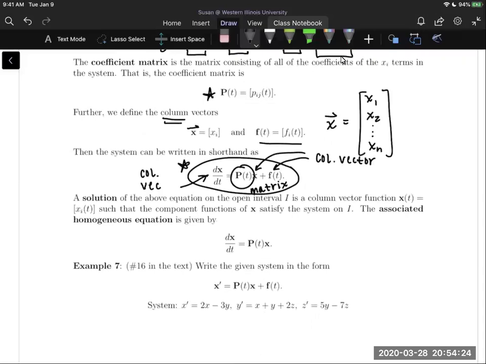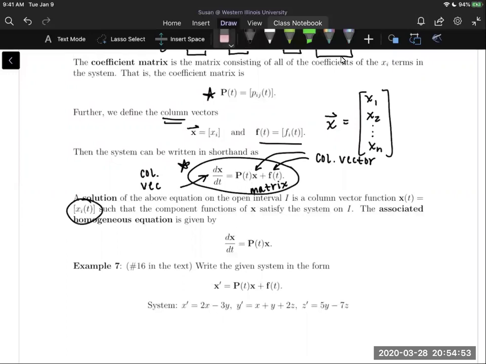So now a solution is going to be a column vector function, meaning we're going to have n functions. X of t equals all of these individual solutions, x1, x2, x3 out to xn, such that each component function satisfies the differential equation.